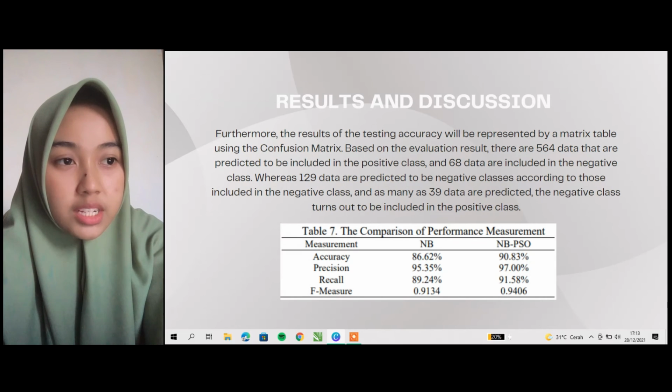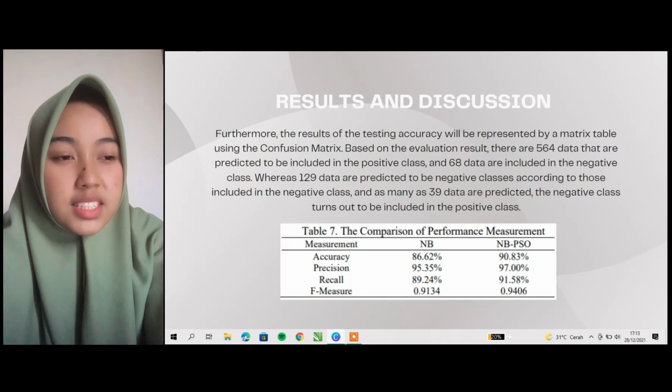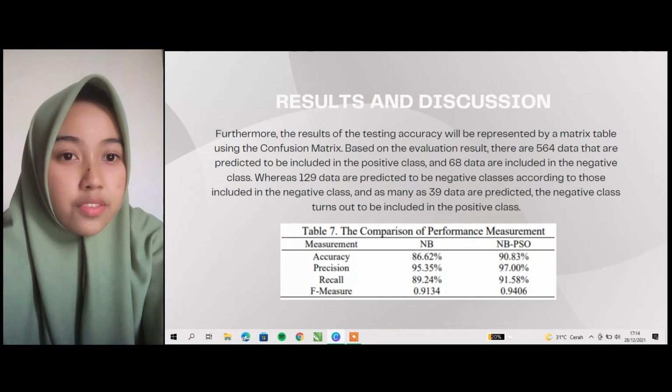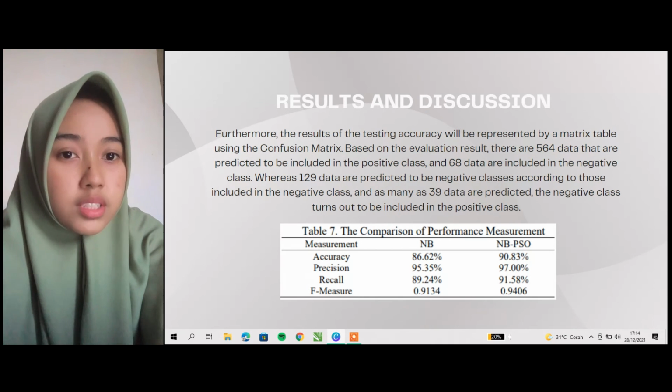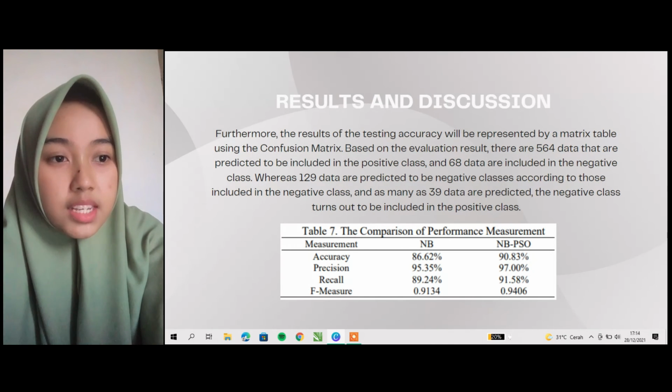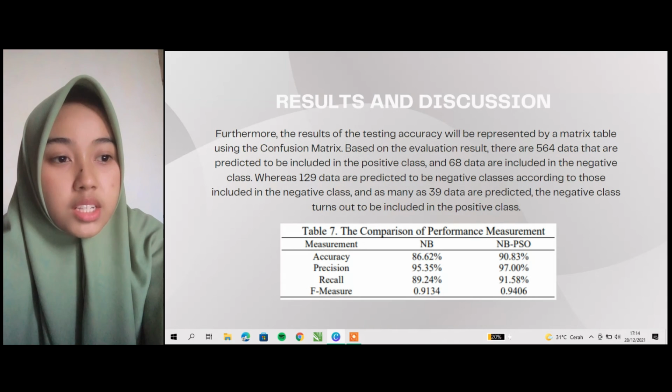Based on the evaluation result, there are 564 data that are predicted to be included in the positive class, and 68 data are included in the negative class, whereas 129 data are predicted to be negative classes according to those included in the negative class, and as many as 39 data predicted as the negative class turn out to be included in the positive class. Table 7, the comparison of performance measurement.